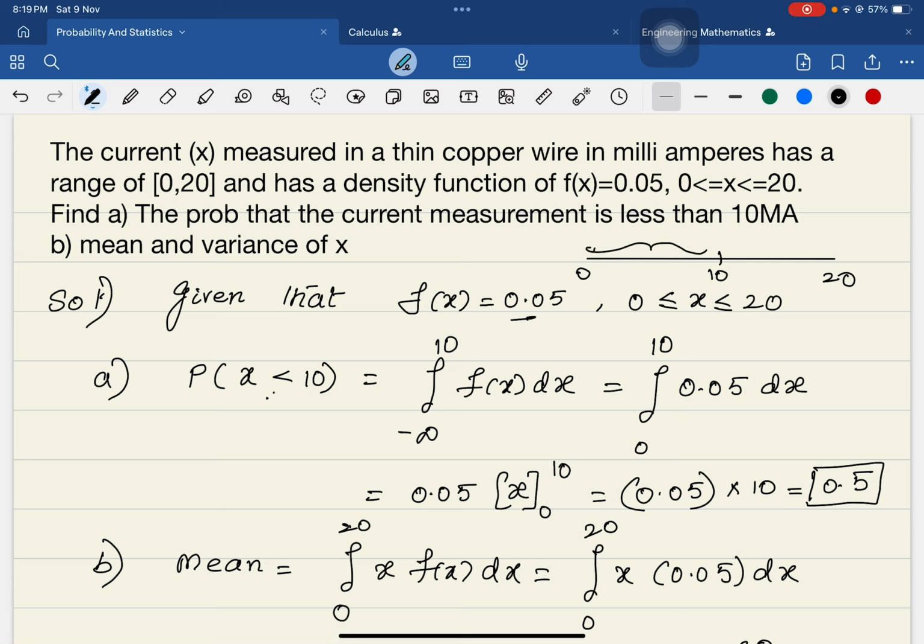In this region, the function is the same 0.05. So the probability for less than 10 is the integral from 0 to 10 of 0.05 dx. Now it's a normal integration: take 0.05 out, the integral of dx is x, put the limits, upper limit minus lower limit, which gives you the value 0.5.